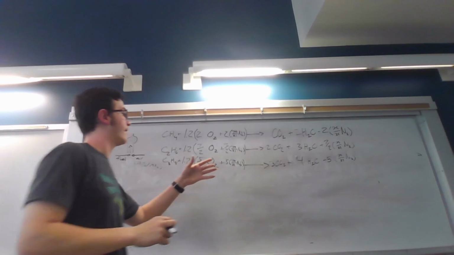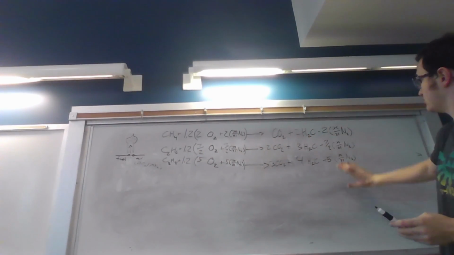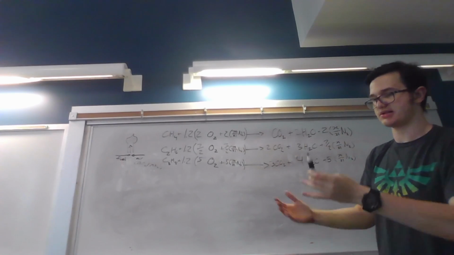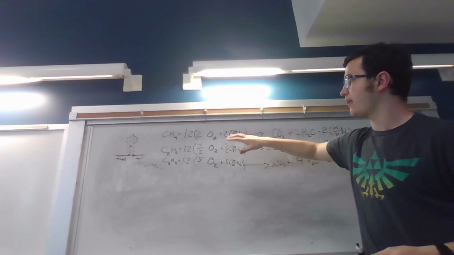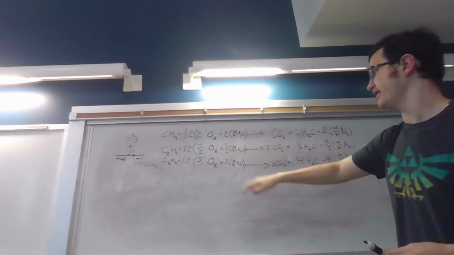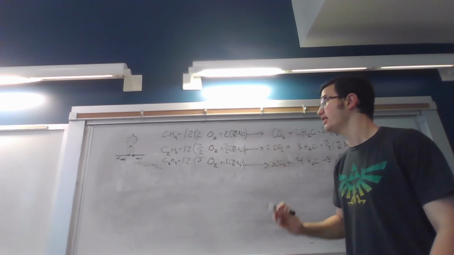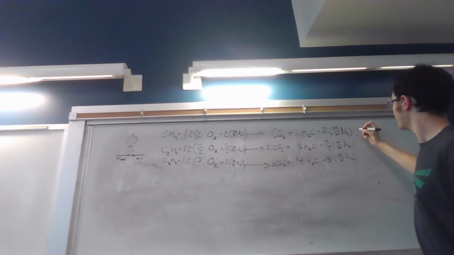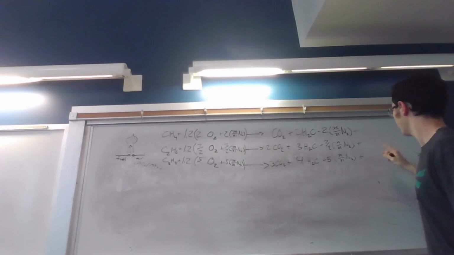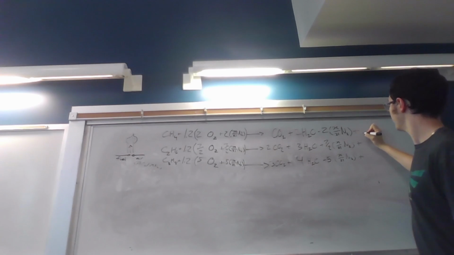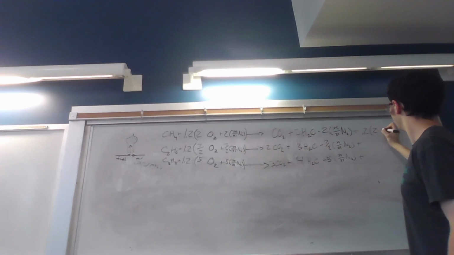So I have that there. Now, how does this affect this side? Because it must affect this side somehow. Everything but 20% of oxygen is going to be used up, which means that that 20% of oxygen has to be left over. So now, there's a new product, which is 0.2 times the oxygen.